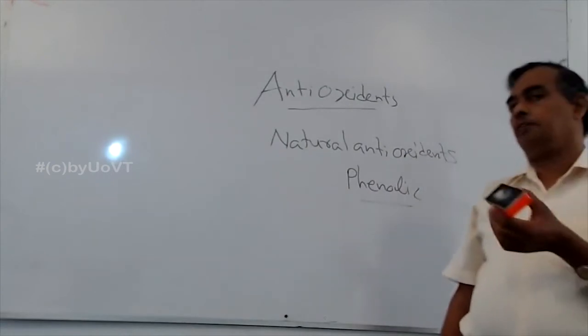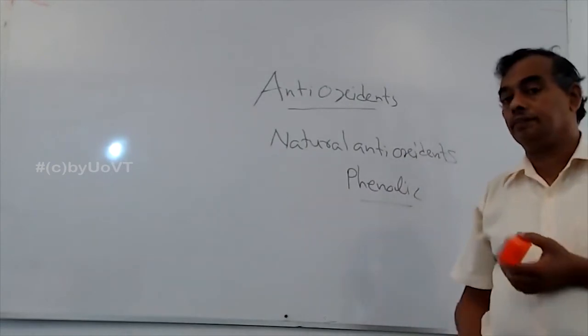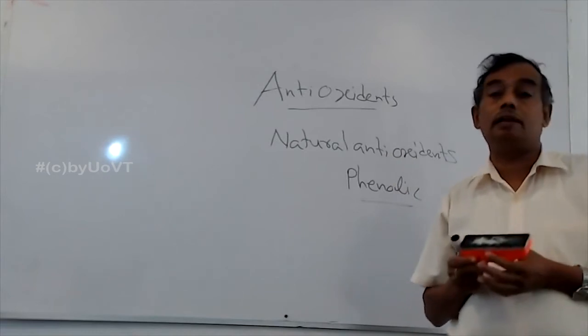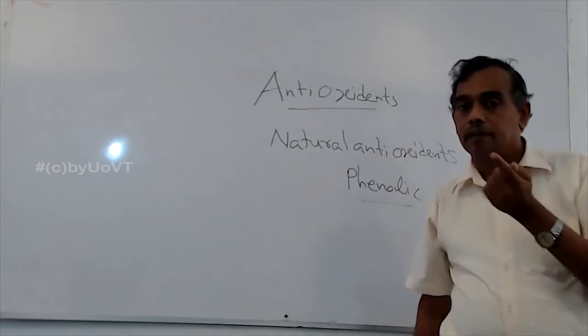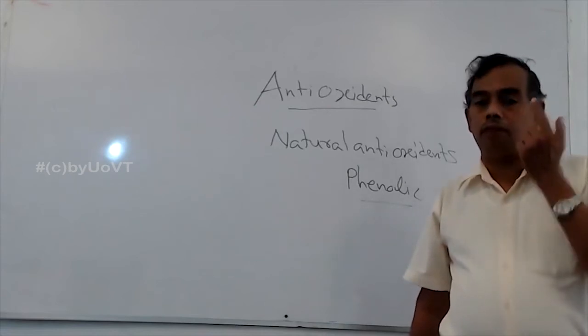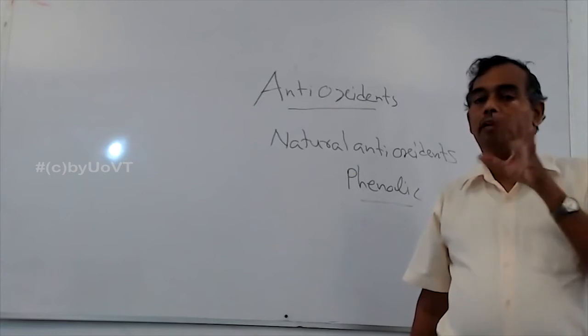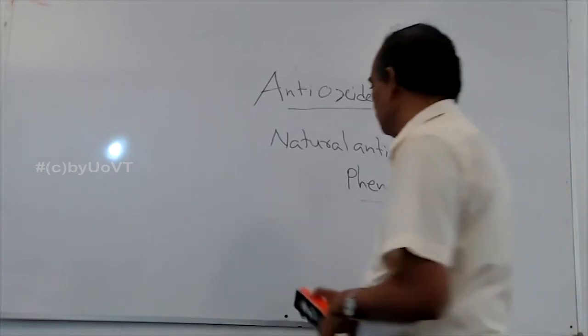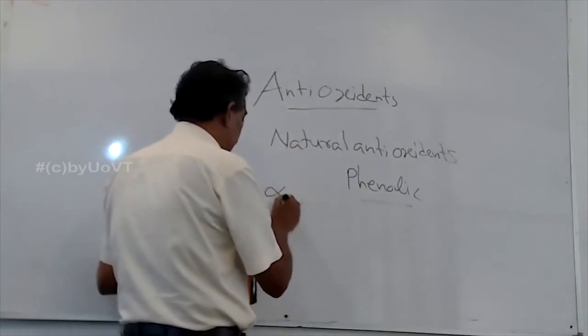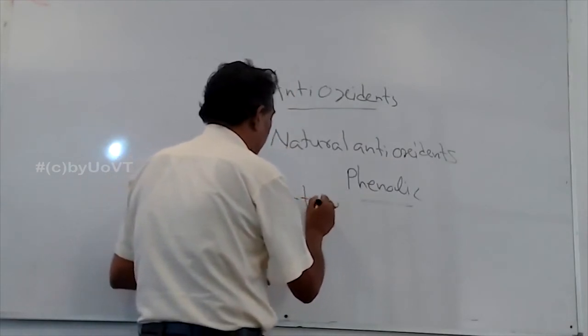Can you tell me a very famous natural antioxidant available in the system? Can you think now? Yes. A very famous antioxidant is vitamin E. The chemical name is alpha tocopherol.